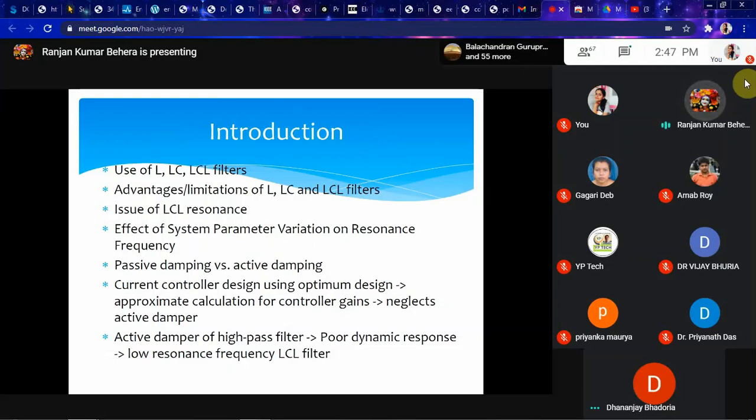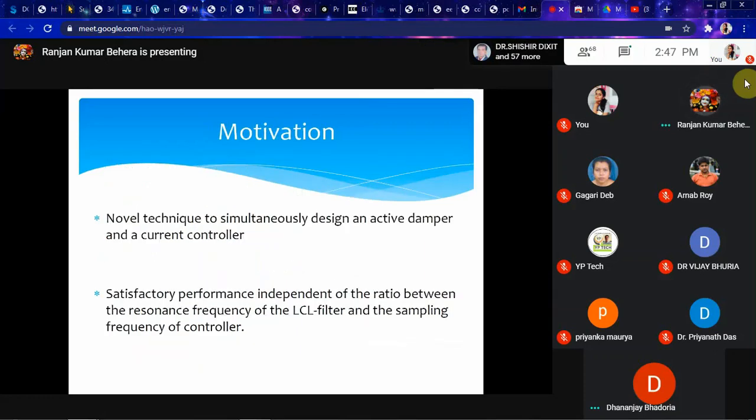Passive damping, generally we sometimes give passive damping, where the cost is low, that is why passive damping is also important. And then current controller design by using an optimization method and approximate calculation of the controller gain, neglecting the active damper, the high pass filter, and the poor dynamics at low resonant frequency of the LCL filter.